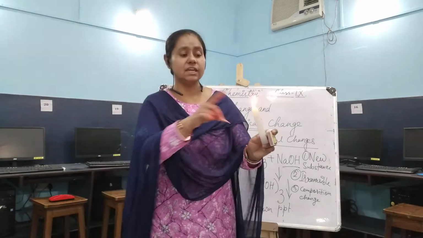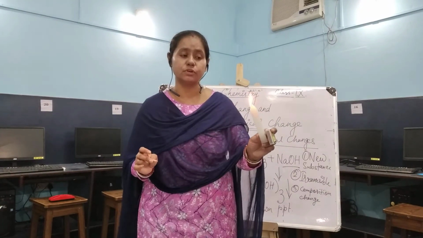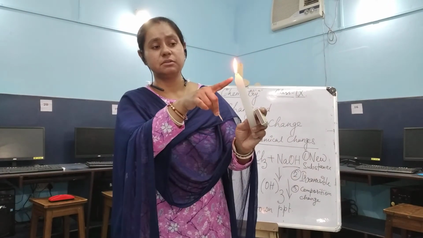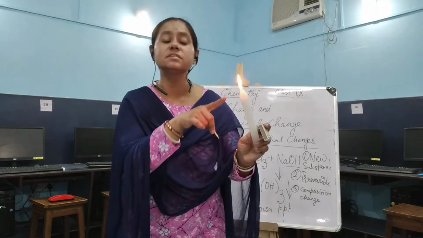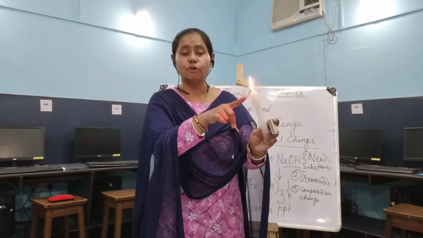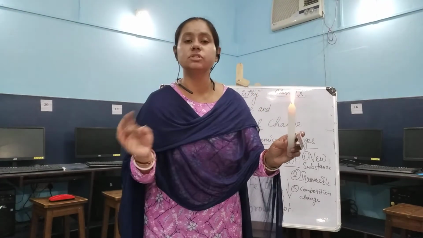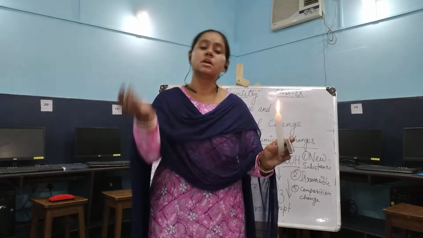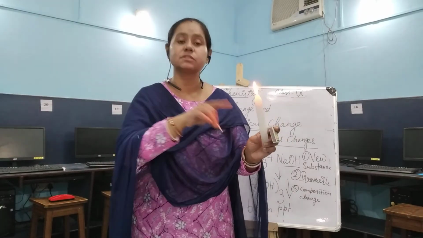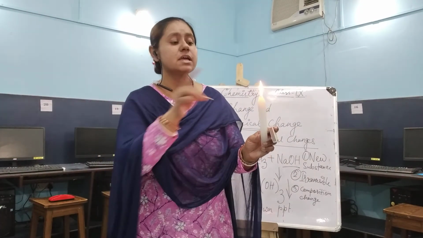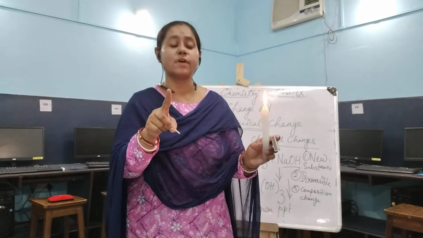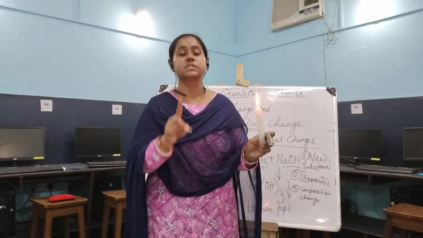Now the candle has started melting, that means the wax is melting. In the melting of wax there is no change in the chemical composition of the wax. The wax will remain the same as it was before. That means melting of wax is a physical change.